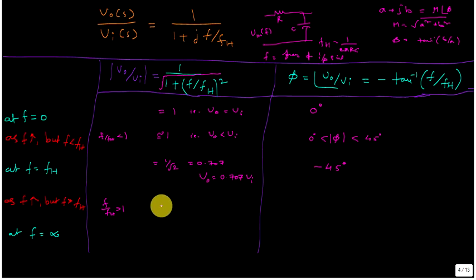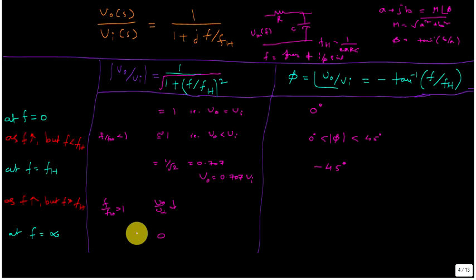So it will be less than 1 by root 2. V0 by V input is going to be reduced. From this 1 by root 2, as f increases, its value reduces even further. As f becomes infinity, it becomes 0.